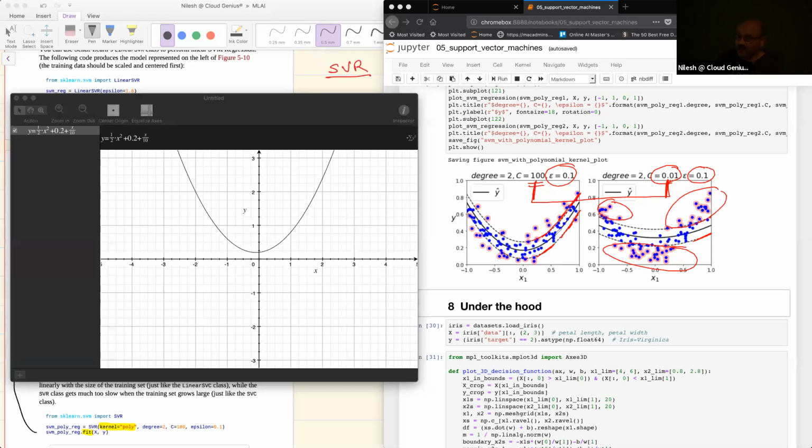That's the underlying idea: to fit as many as we can in the street to help us match the pattern of the data mathematically using this SVM algorithm, which will then help us with a regression prediction, meaning a real number, positive, negative, whatever it is.